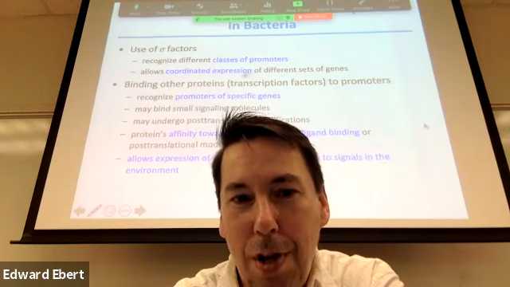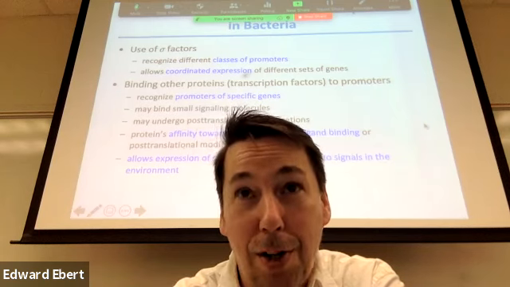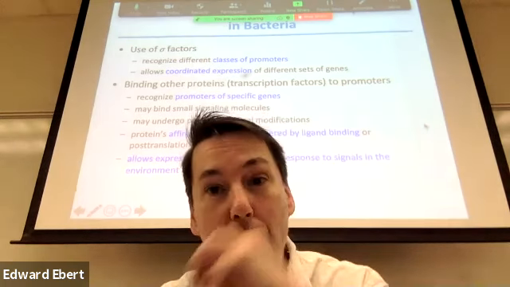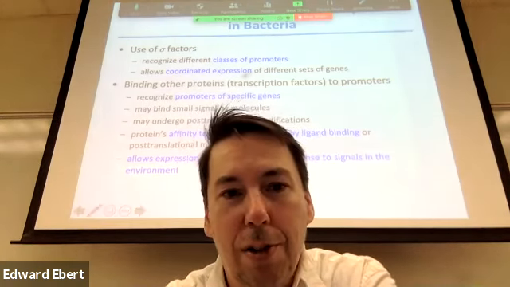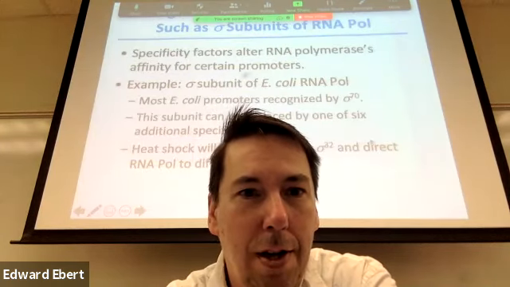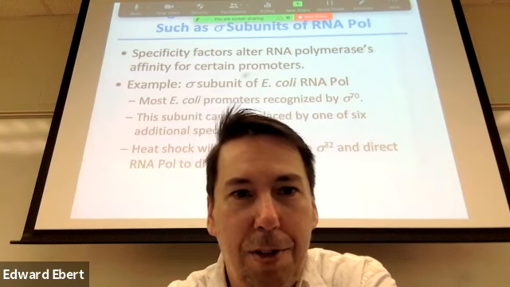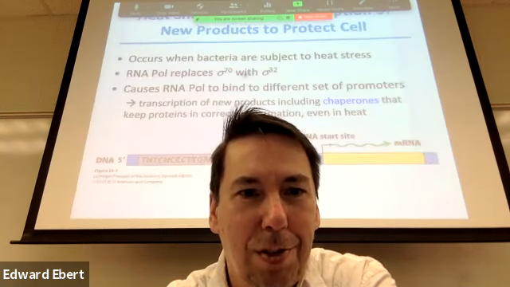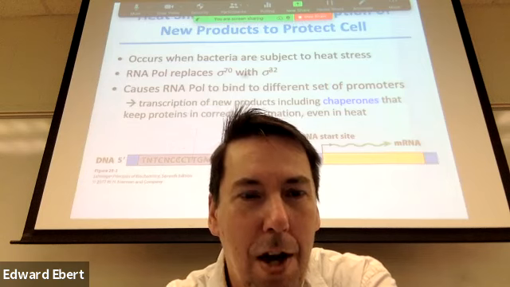That can help tailor our specific response. So maybe we need more of one particular gene. We can allow expression of specific genes in response to environmental signals. Specificity factors, essentially transcription factors, are in there.